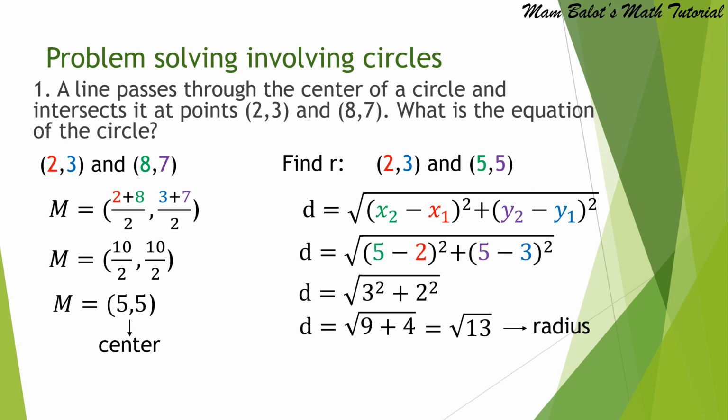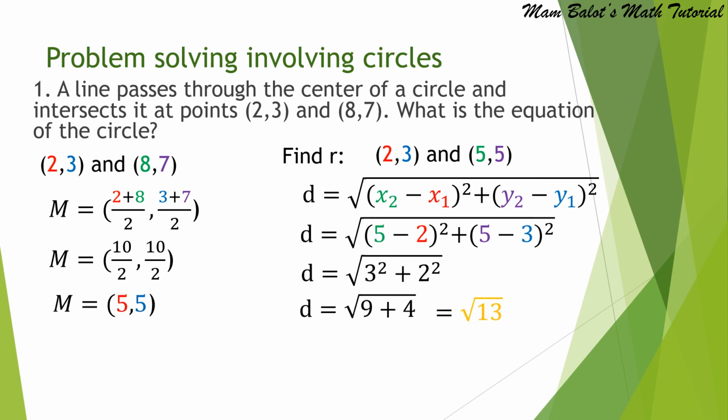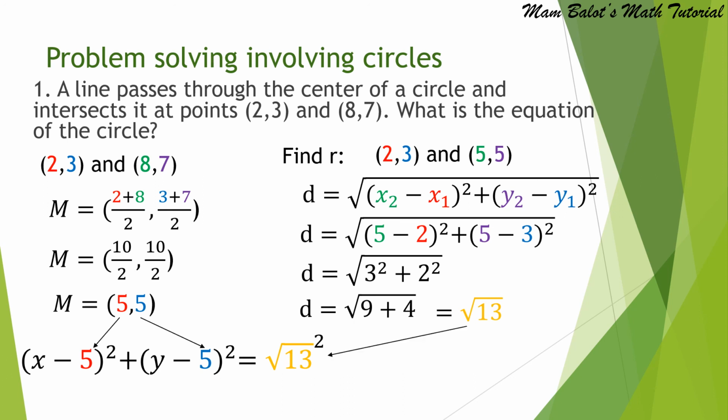So we are now ready to create the equation of the circle using the center and the radius that we had computed. So that becomes x minus 5 squared plus y minus 5 squared equals square root of 13 squared, where our h is 5, which is colored in red, our k is also 5, which is colored in blue, and our r is square root of 13, which is colored in yellow.